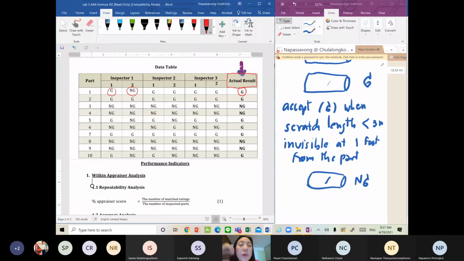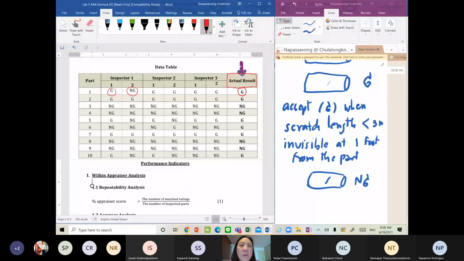If we're talking about the actual results, we are not talking about each inspector that we are appraising, but we have to talk about an expert. The actual results mean the result that we trust is correct, whether this part contains what we call a major defect.